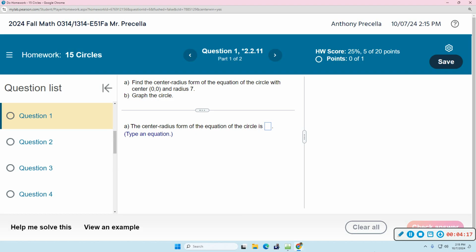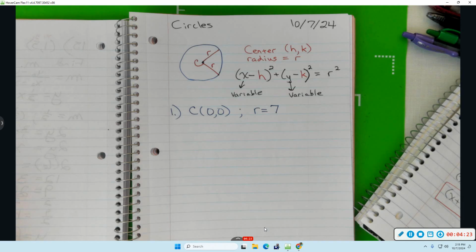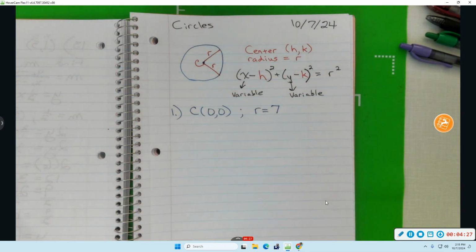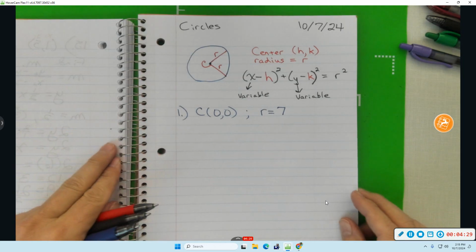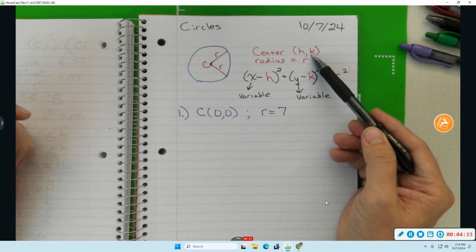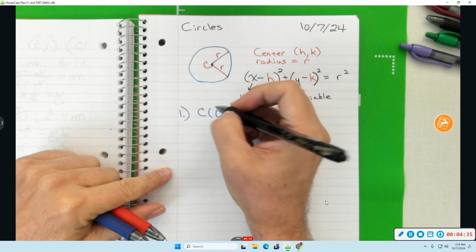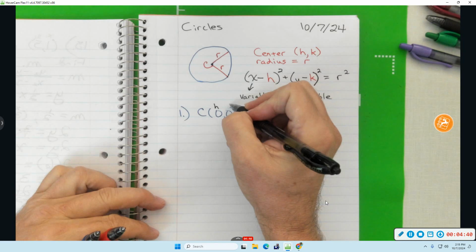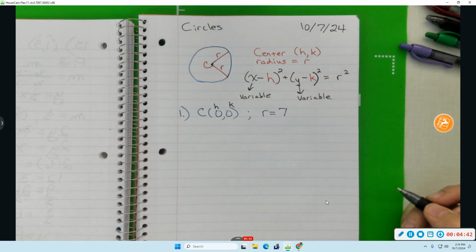And let me switch over. There. And we know that the center's denoted h, k. That means h is equal to 0 and k is equal to 0.